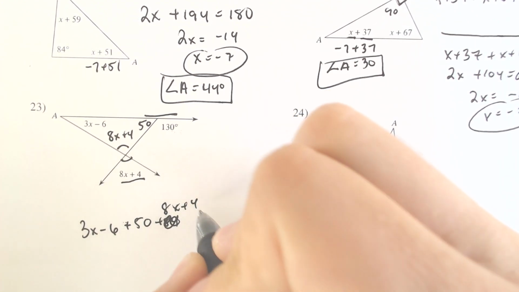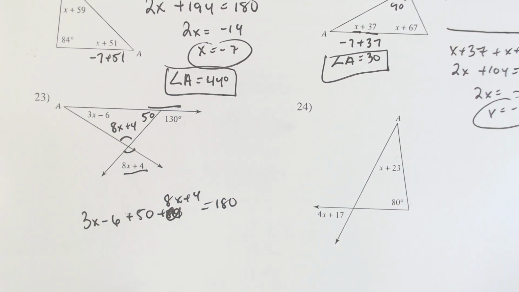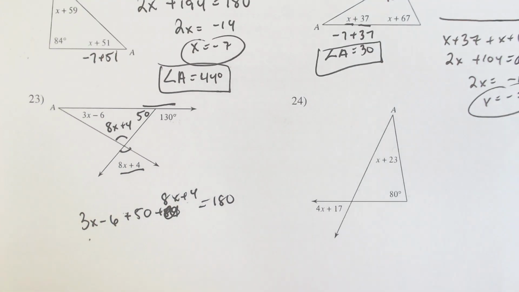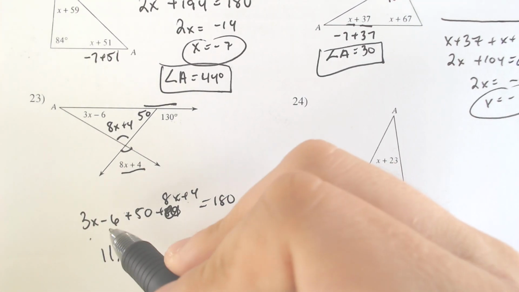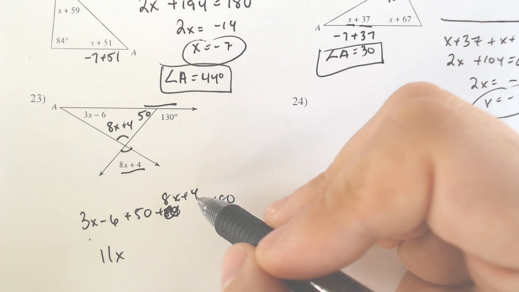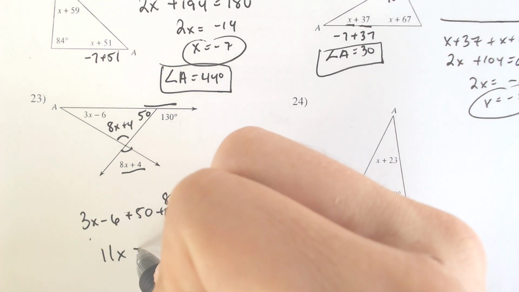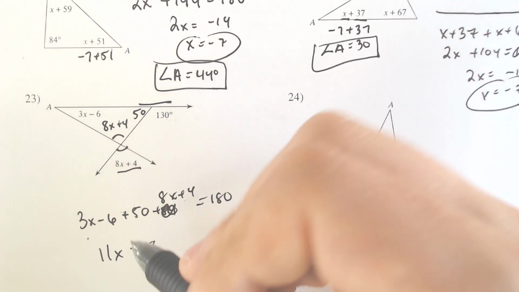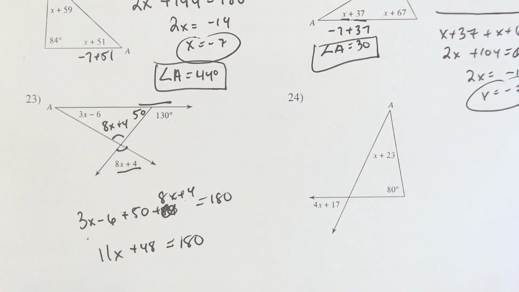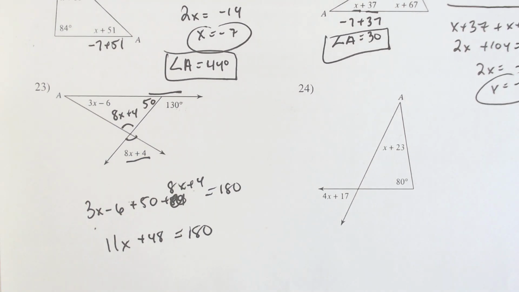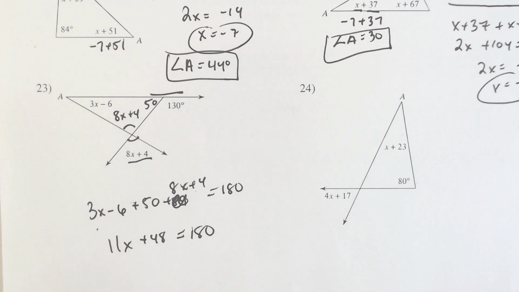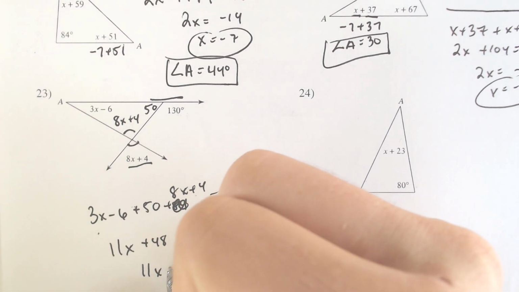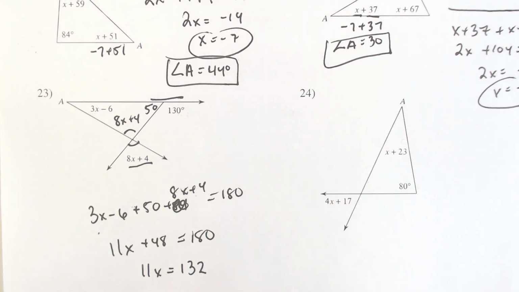8x plus 4 to equal 180. Combine like terms. We got 3x, we got 8x, that's 11x. We got negative 6 with 4 is negative 2, and 50 ends up being 48. But you can type that in your calculator. Equals 180. All right. Move the 48 over. You get 11x is equal to 132.